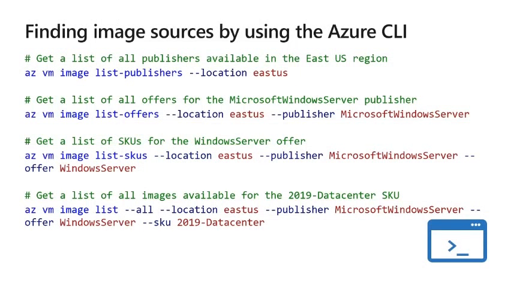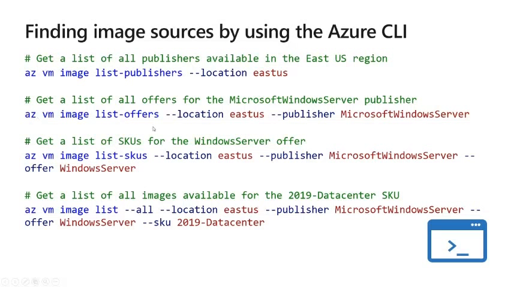Finding image sources by using Azure CLI. This is not Azure PowerShell, this is CLI, so you will see the commands are different here. Get a list of all publishers available in the East US region. You just list the publishers in the location, and you have the publishers here.